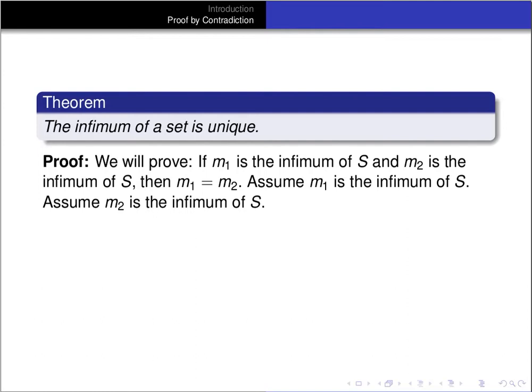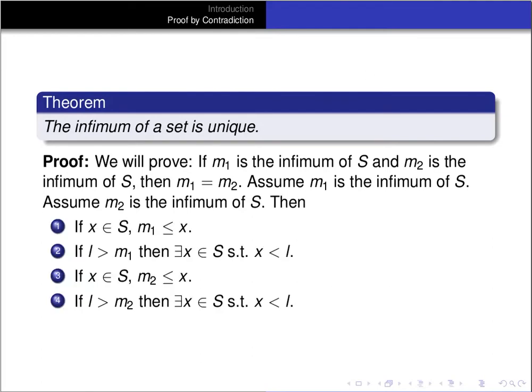Now, this has some important consequences for us, that M1 and M2 are infimums of S. It means, first of all, statement 1, M1 is a lower bound of S. Statement 3 says that M2 is a lower bound of S. Statement 2 says if something is larger than M1, then it's not a lower bound.